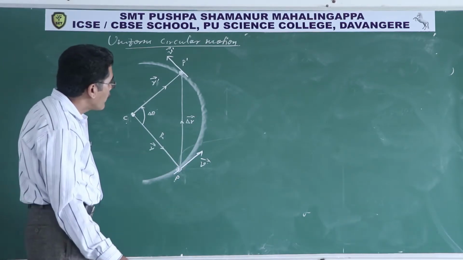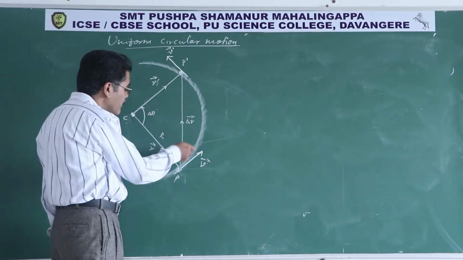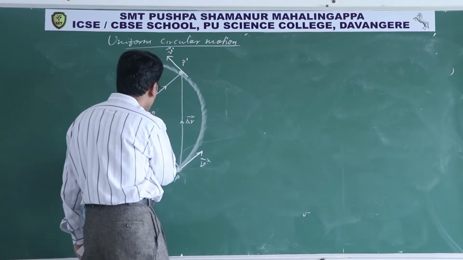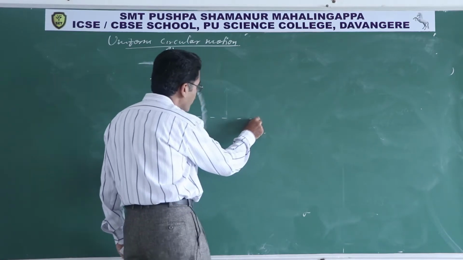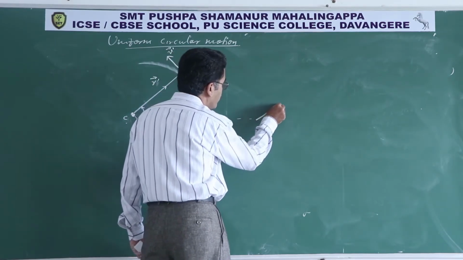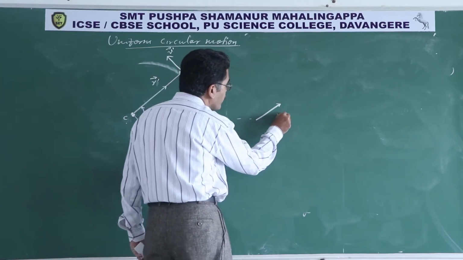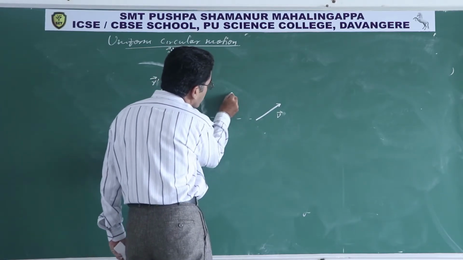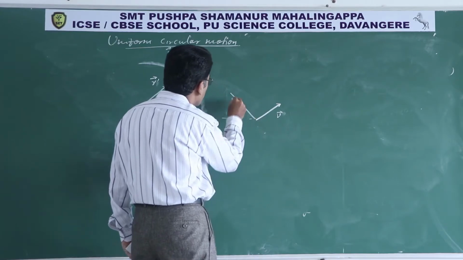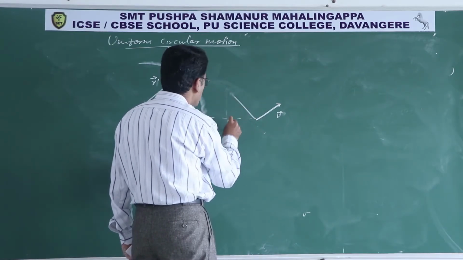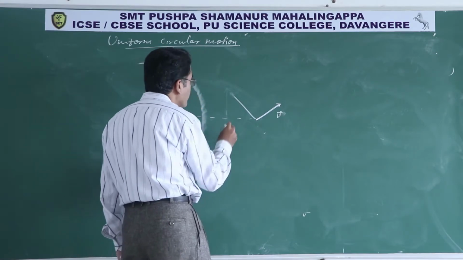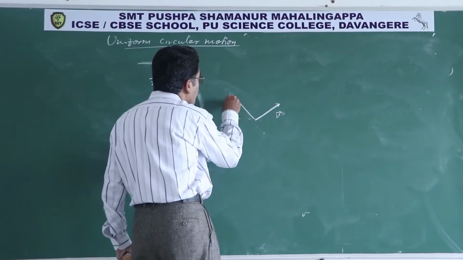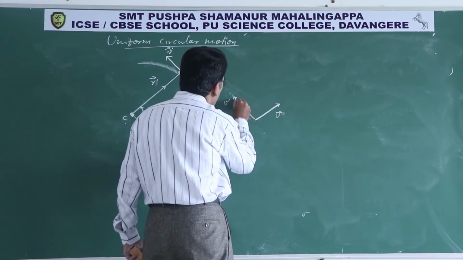Now using these vectors I construct another triangle. This is v, and parallel to this v dash, and I take this as delta v.